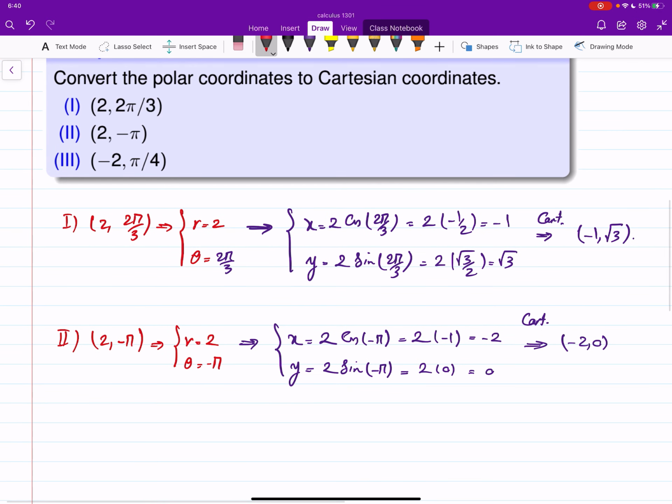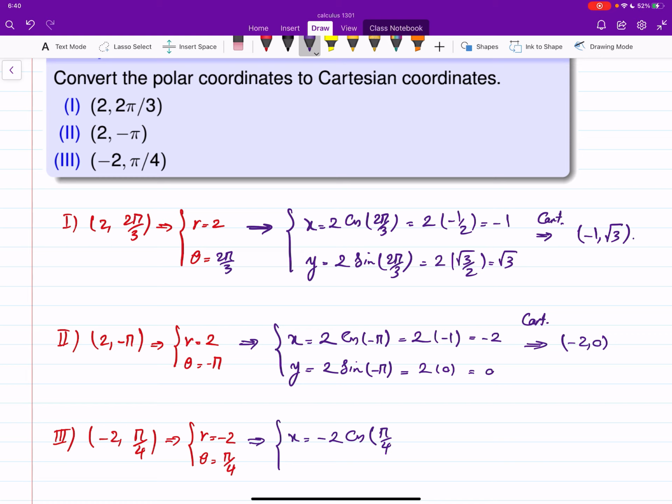And the last one, negative 2, pi over 4. So r is negative 2. Theta is pi over 4. Then from this, you can go ahead and find x: negative 2 cosine of pi over 4, which is negative 2 times root 2 over 2, which gives me negative root 2.